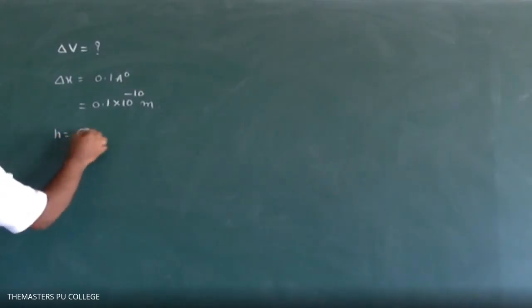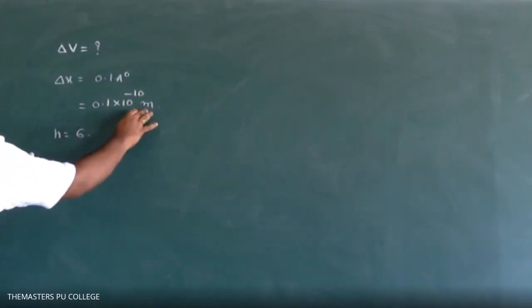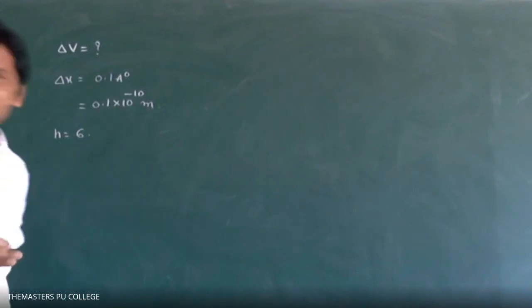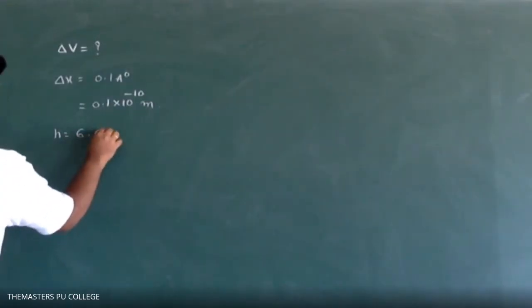Next, h. If I have taken delta X in meters, what h value do I have to take? Joule second, not joule per second.